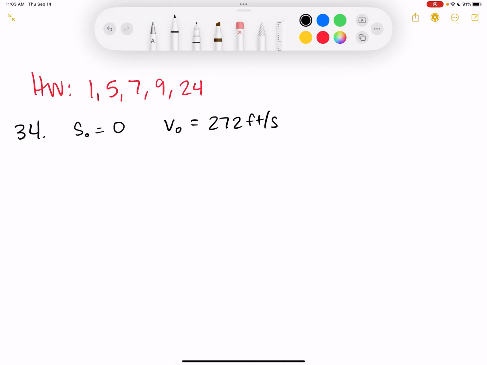And so it wants to know, first of all, for part A, when the height above the ground is 960 feet exactly. So we want to know when that is. That is going to be our S value here from our equation.